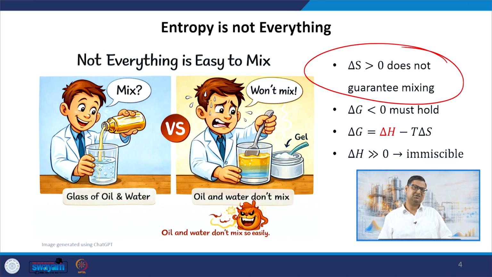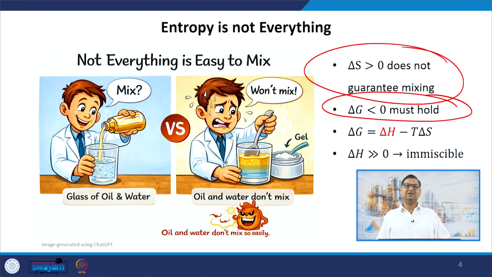Depending on the conditions where I am doing the experiment, let us say I am working in conditions where temperature and pressure are held fixed. In that case, what instead should be true is that my Gibbs free energy change should be less than 0, or Gibbs free energy should be minimized.